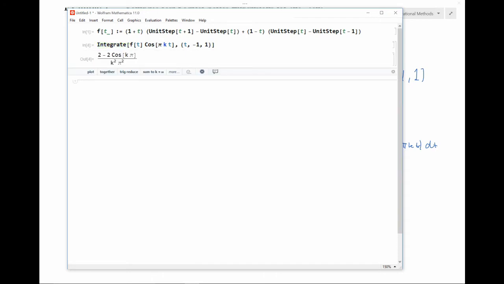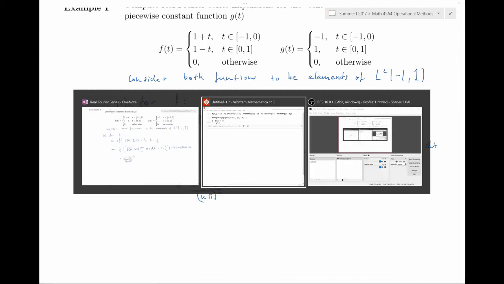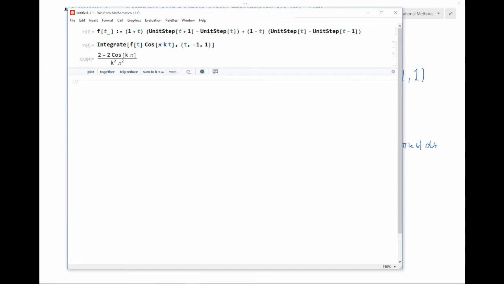Well, knowing that the cosine of k pi is either +1 for even k or -1 for odd k, we can say that this is going to be 2 minus 2 times (-1) to the power k over k pi squared. Just to show you that my other integral is also correct, I'm going to do that one as well.